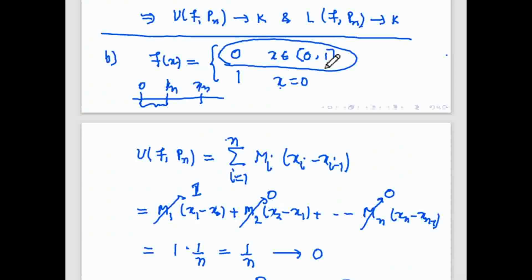In the interval 1 by n to 2 by n, what will be the maximum value of this function? 0. So if the maximum is 0, that means the upper bound will also be 0, and the lower bound will also be 0. The infimum and supremum all come 0 only.